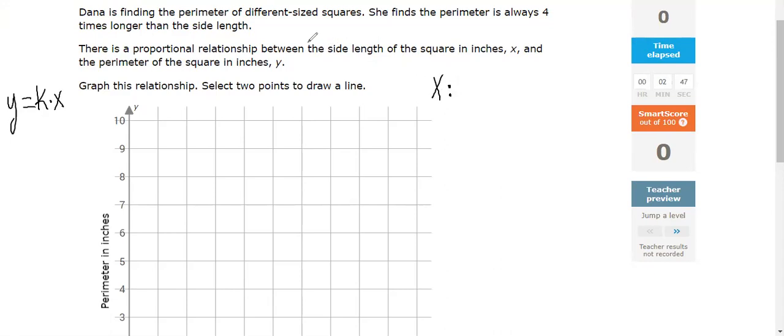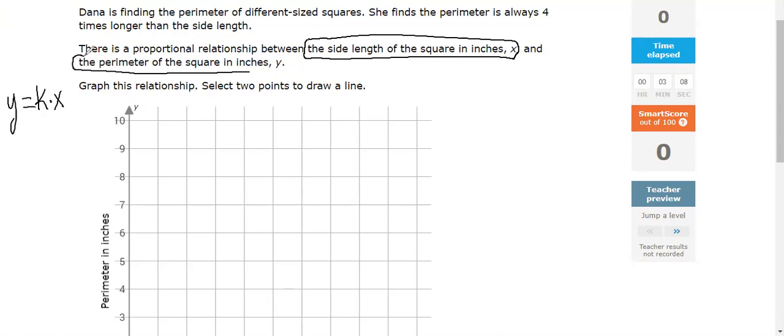X is the side length of the square in inches. And what is y? The perimeter of the square in inches.